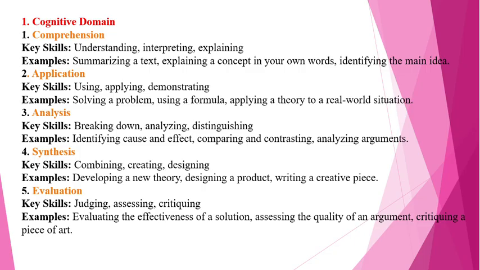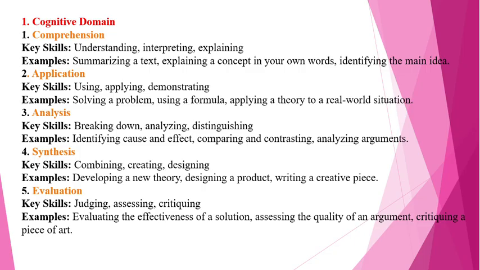The number four is synthesis. The key focus is on combining, creating, and designing. The examples include developing a new theory, designing a product, or writing a creative piece. The fifth one is evaluation.